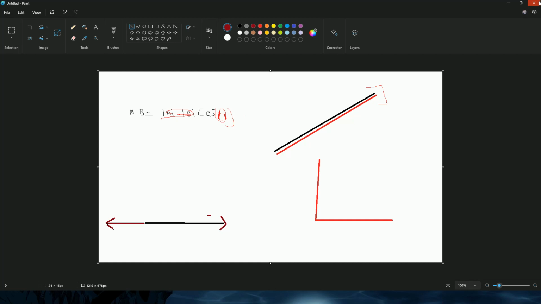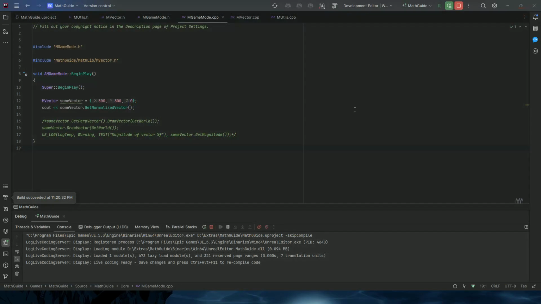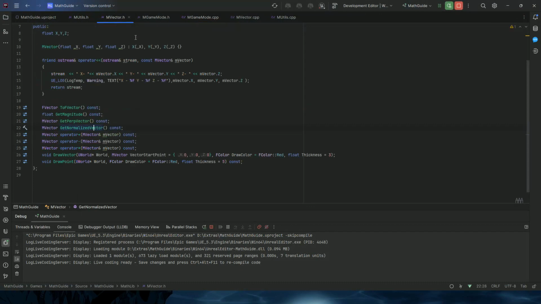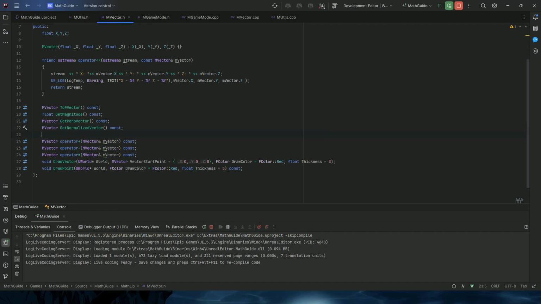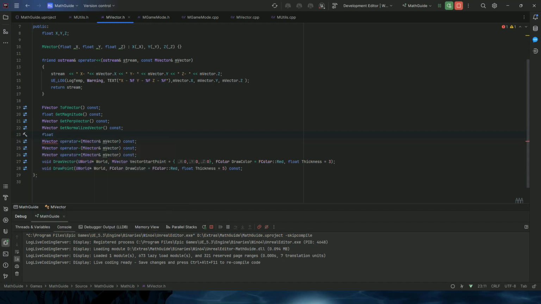Now we will see how we can implement that inside our code. So let's start. We will open our vector class. We need another vector, because when I am trying to do the dot product, I need one more vector, right? It will be a scalar value, so that is why float dot product.